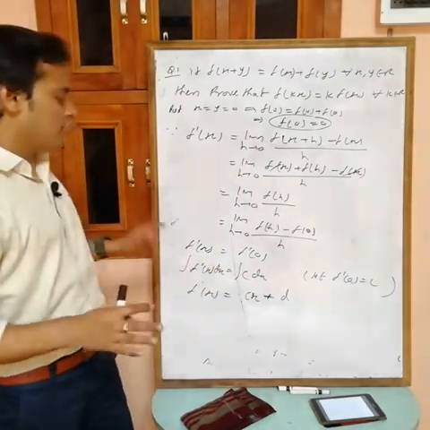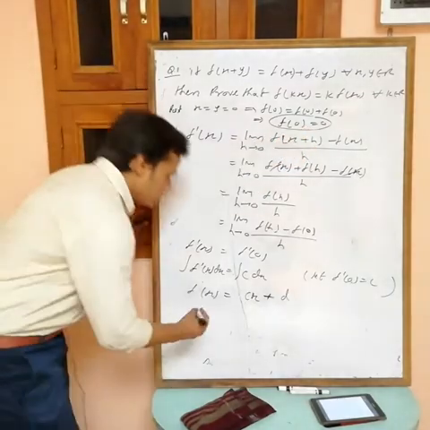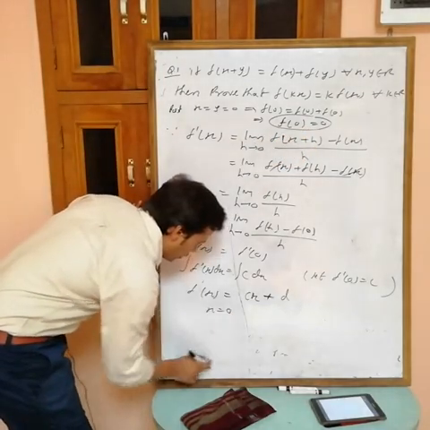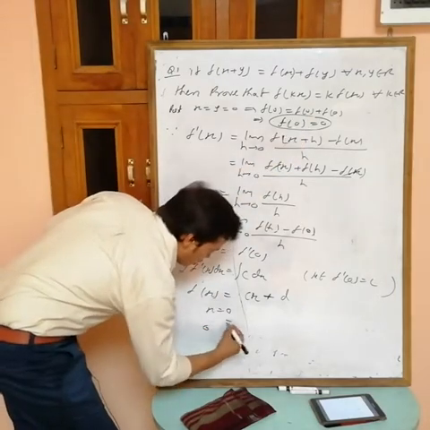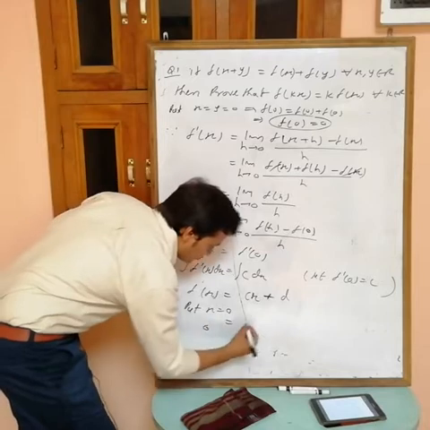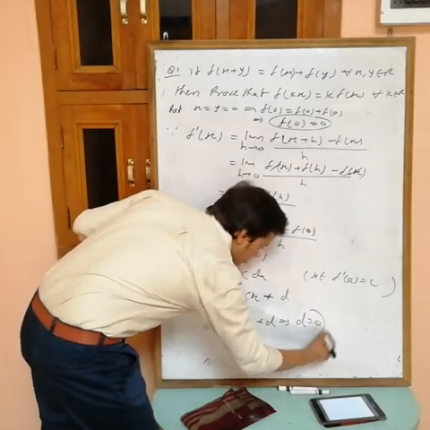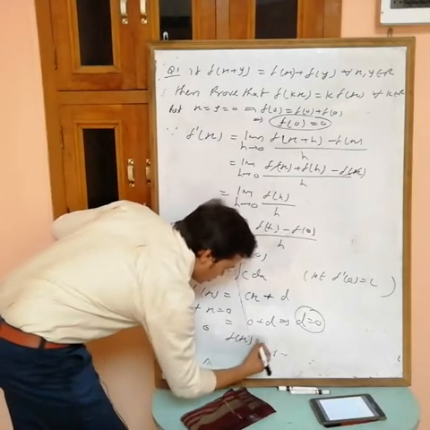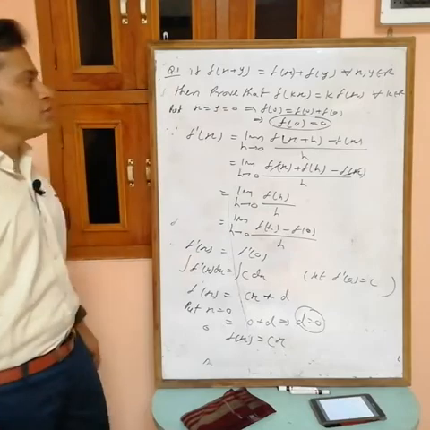Now I want the value of d. How to find it? Here you have f(0) equals 0. So put x equals 0. If you put x equals 0, then this one is f(0), and f(0) is 0. So 0 equals c into 0, which is 0, plus d. From this we are getting d equals 0. So f(x) equals cx.